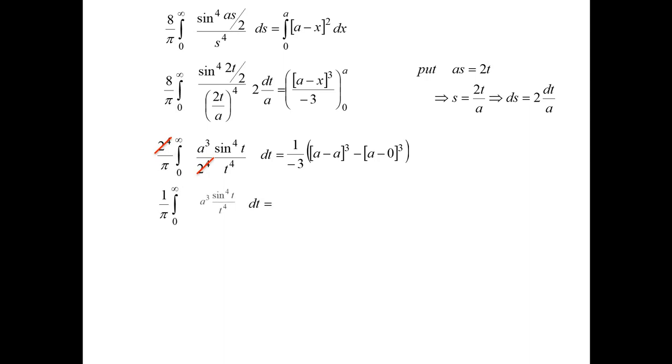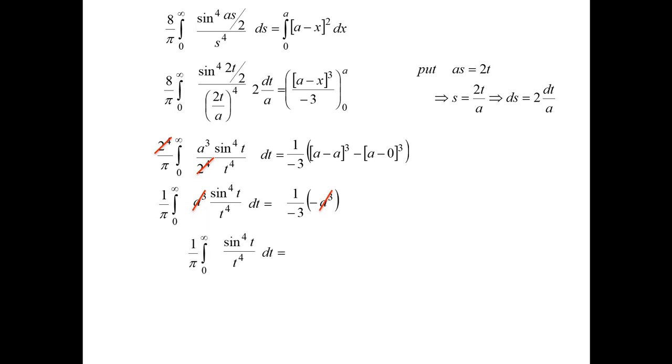integral over 0 to infinity a power 3 sine power 4 t by t power 4 dt is equal to that a minus 0, that minus a power 3 will come, so minus 1 by 3 into minus a power 3. That a power 3 and the left hand side a power 3 get cancelled, and on the right hand side minus minus also is cancelled.